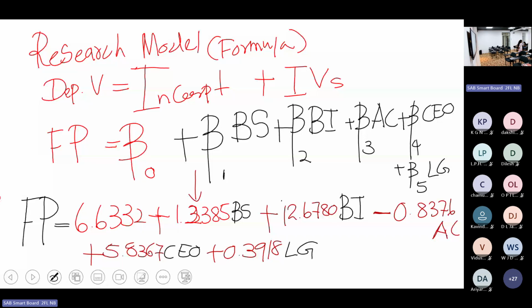Beta 2, beta 3, beta 4 are all the same.